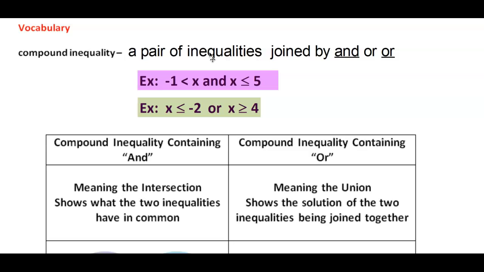So what we're going to do today is talk about compound inequalities. A compound inequality is a pair of inequalities joined together. So it's a pair of inequalities joined together, and they're joined together by the word and or the word or. So you have and inequalities and or inequalities.